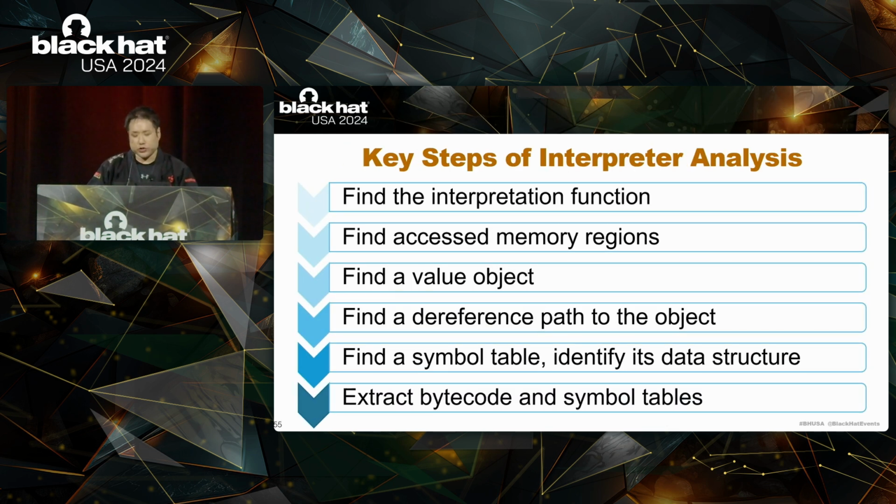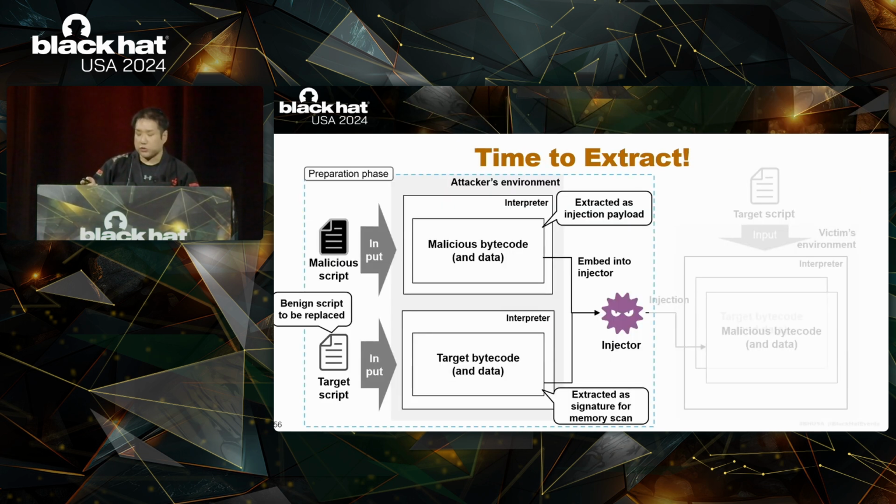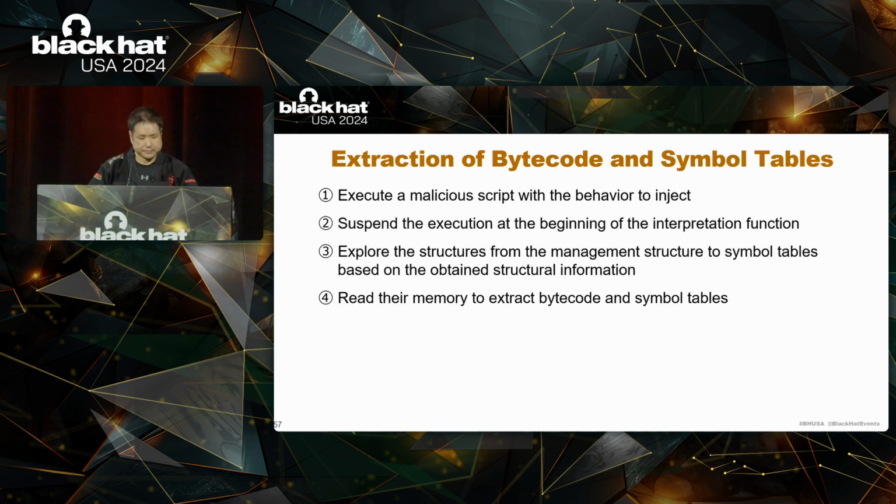Using the obtained structure information, we can extract bytecode and symbol tables. Now we know the structure information, so it's time to extract bytecode and symbol tables, the preparation phase. First, we execute a malicious script that has the behavior you want to inject.